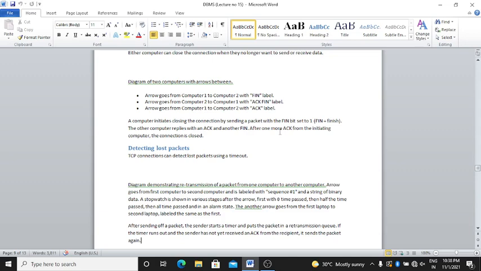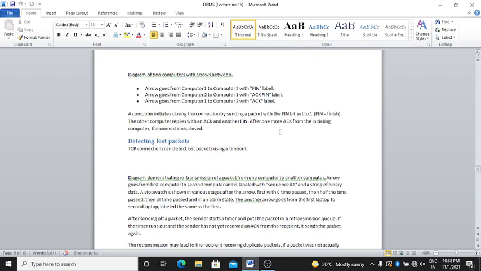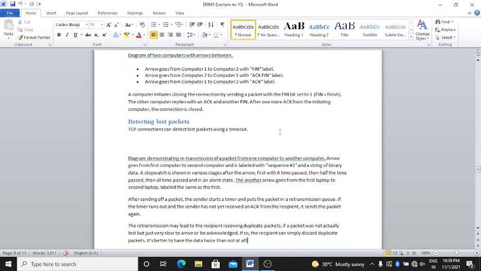After sending off the packets, the sender starts a timer and puts the packets in a retransmission queue. If the timer runs out and the sender has not yet received an acknowledgement from the recipient, it sends the packet again.